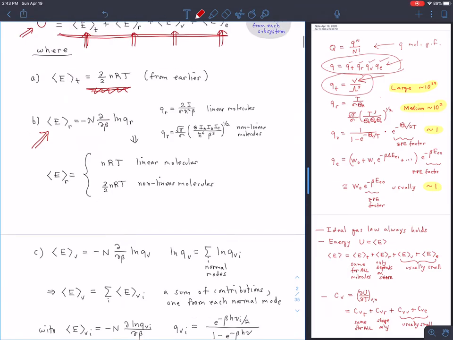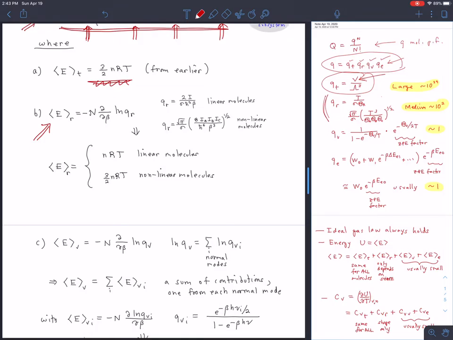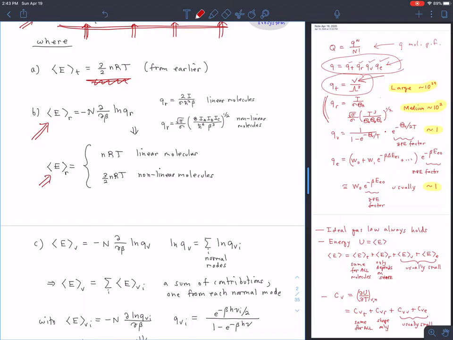And since there are two cases for the rotations, the linear case and the nonlinear case, there are also two possible contributions to the rotational internal energy, and working out the algebra, that turns out to be just nRT for the linear case. And linear means either diatomics, right?